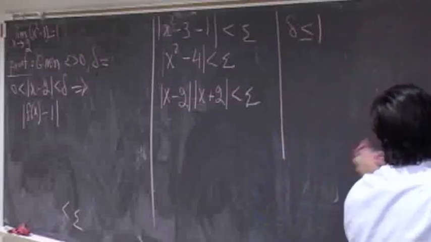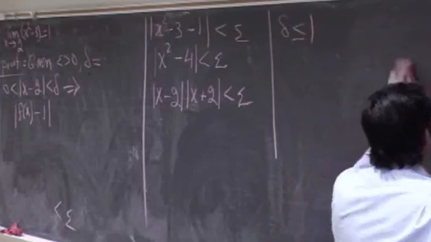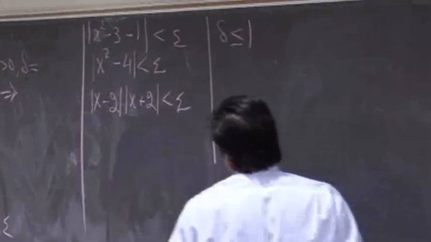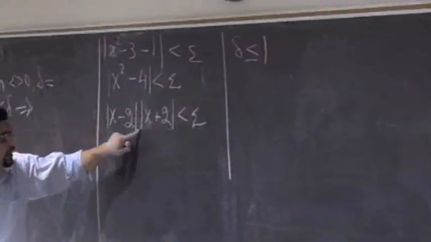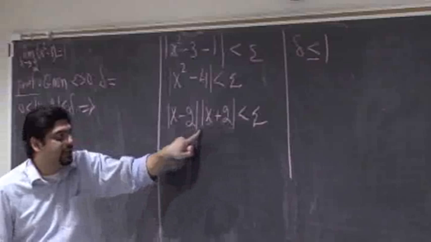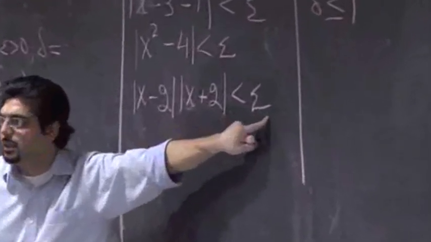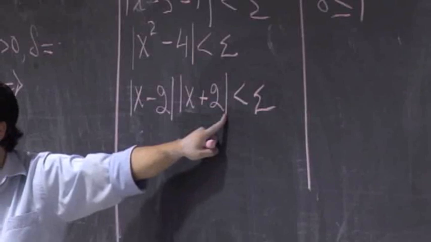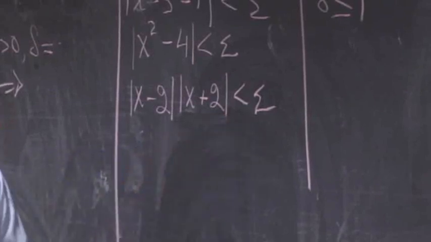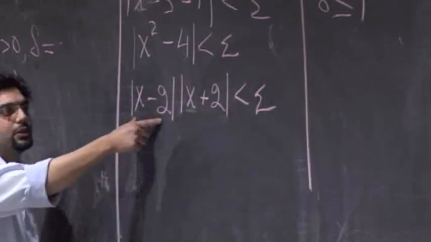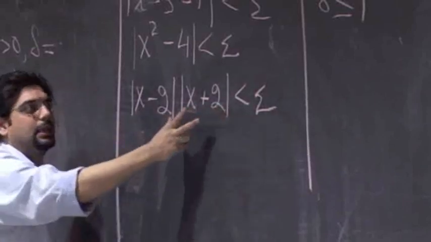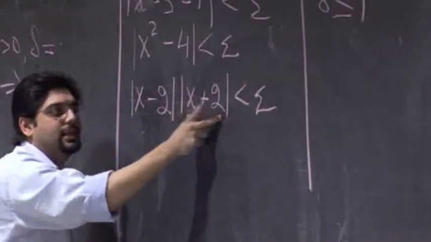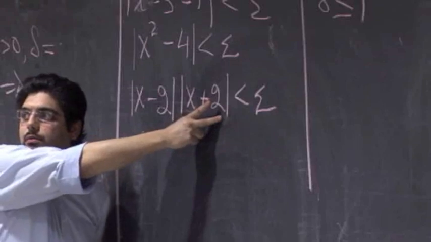How does that help? Well, the problem with the expression I have here is that I don't know what this is, and I can't divide by it because I don't want x's on this side. I want to replace this by a number. In fact, to make sure that it will be less than epsilon, let me figure out what's the worst case scenario for x plus 2.